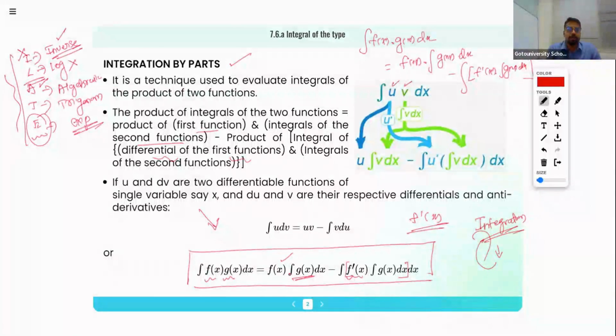Any question on this order? I'll repeat again. ILATE: I for inverse trigonometric function, L for logarithmic function, A for algebraic functions, T for trigonometric functions, E for exponential function. Remember this abbreviation ILATE. Let's see some examples, then it will be clear for you.